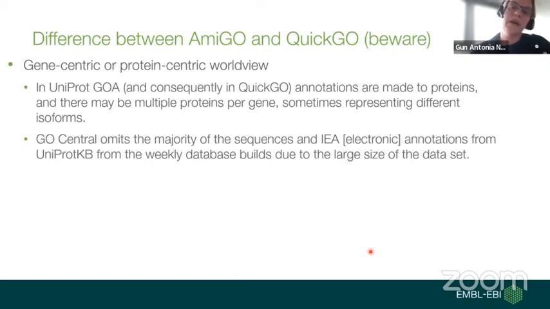So obviously you might have several copies of the same genes. Oh yeah, and they also omit the majority of IEAs due to the large size of the data set in AmiGO. So you will have more annotations in QuickGO.